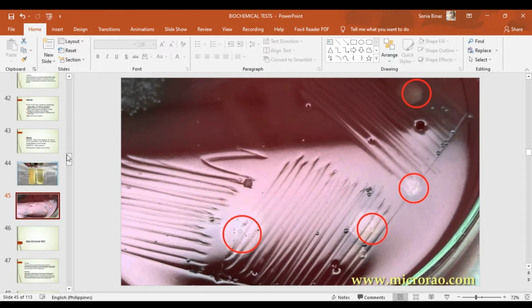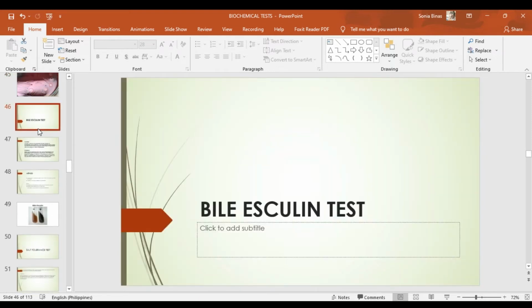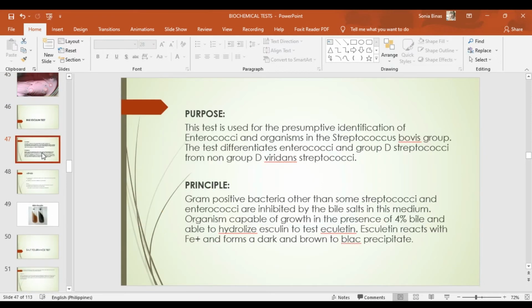So, next is our bile esculin test. The bile esculin test is used for the presumptive identification of enterococci and organisms in the Streptococcus bovis group. The test differentiates enterococci and group D streptococci from non-group D viridans streptococci.